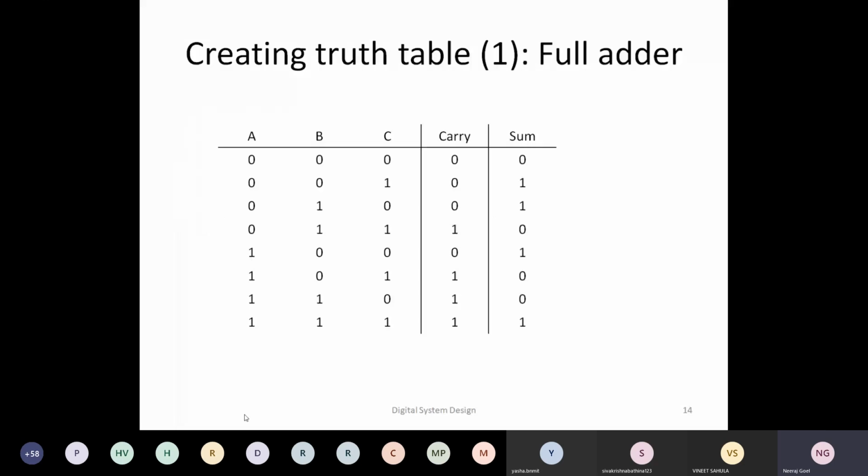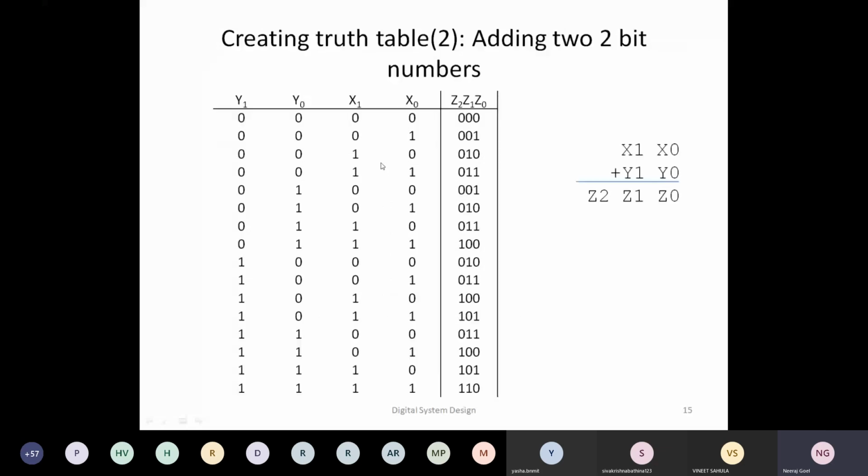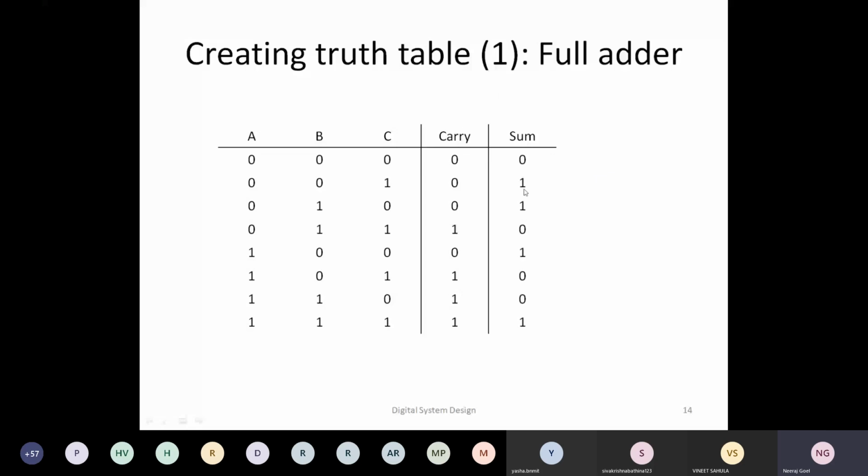For truth tables, we have to see different kinds of examples. Like I want to design a truth table for a full adder. What I will do is enumerate all the combinations. So I have enumerated that ABC values would be 0,0,0, 0,0,1, and so on, and then I will calculate the sum and carry. So 0,0,0 will have sum equal to 0 and carry equal to 0. Similarly, 0,0,1 will have sum equal to 1 and carry equal to 0.